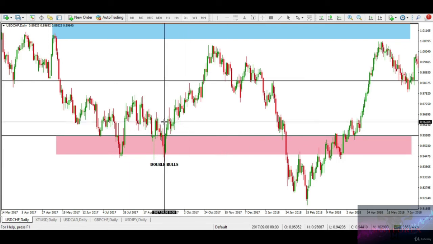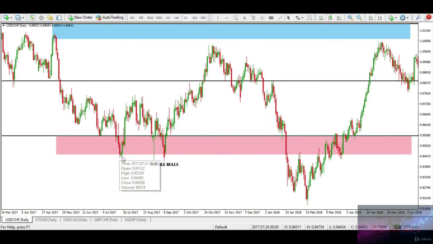And then the price rallied sharply in an uptrend on this forex pair before a shooting star appeared near this major resistance. Also guys, this is another double bulls pattern here on this chart.